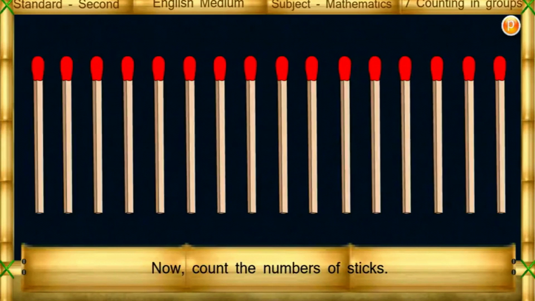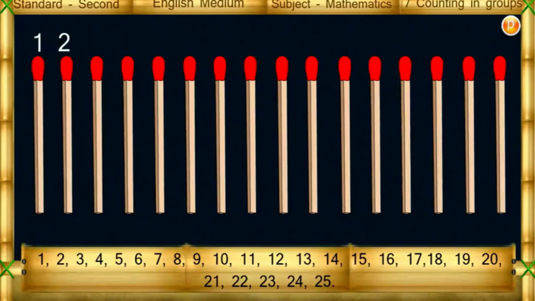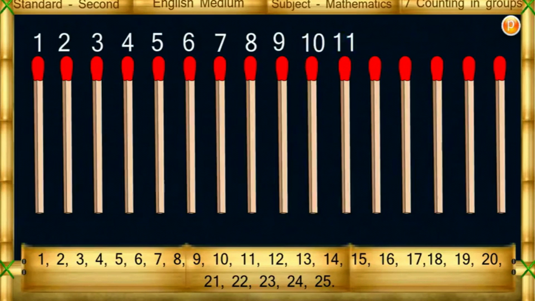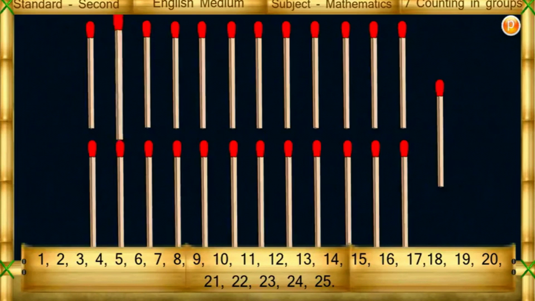Now, count the number of sticks. 1, 2, 3, 4, 5, 6, 7, 8, 9, 10, 11, 12, 13, 14, 15, 16, 17, 18, 19, 20, 21, 22, 23, 24, 25.